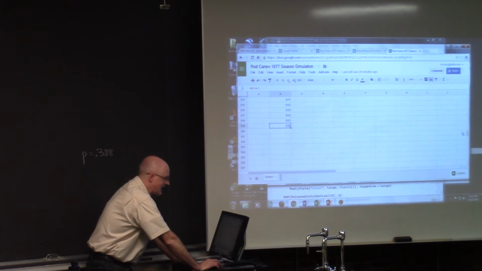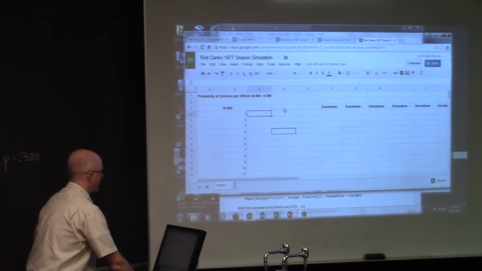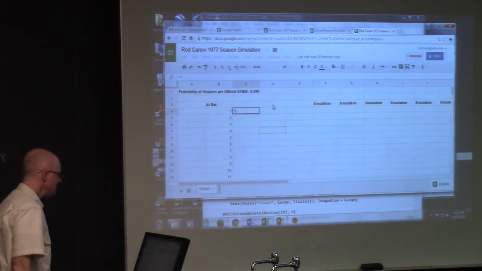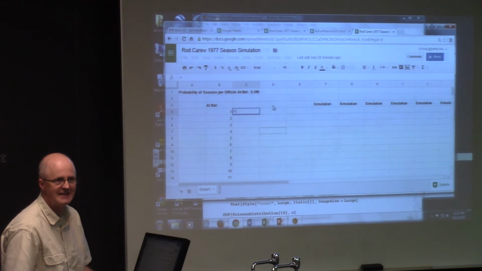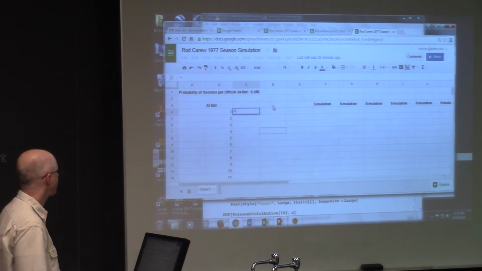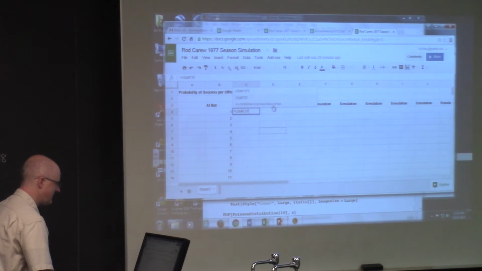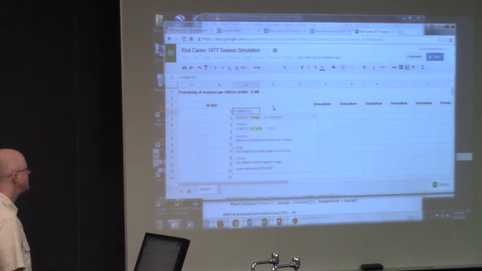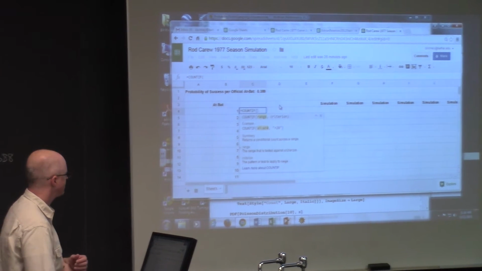We're going to simulate his season like this. We're going to think of a hit as success and a failure to get a hit as failure. I think we can do this all at once. We're going to do equals COUNTIF.